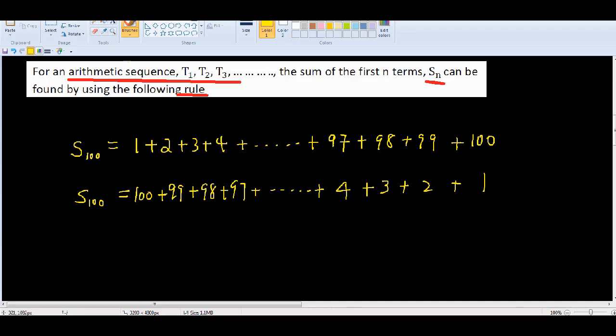But how about when you add them? Let's add the two lines together.